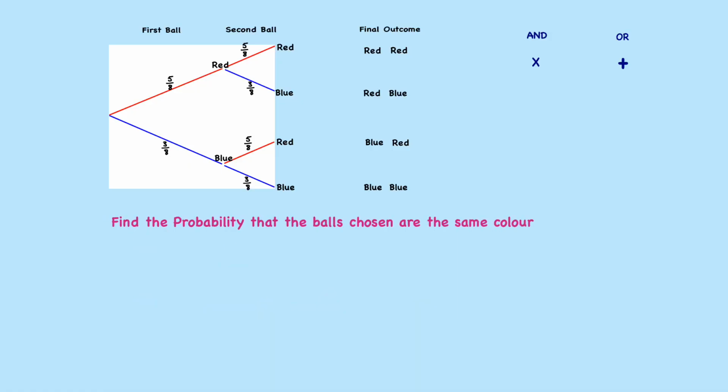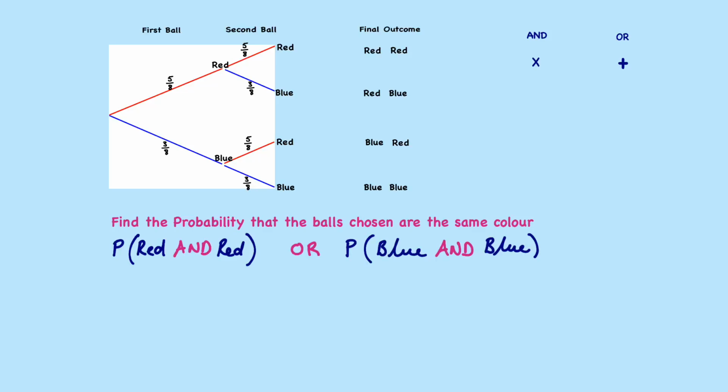Let's have a look at another question. We have to find the probability that the balls chosen are the same colour. So that means we could have a red and a red, or a blue and a blue. And remember, in probability, when you see the words and or or, we use these signs instead.